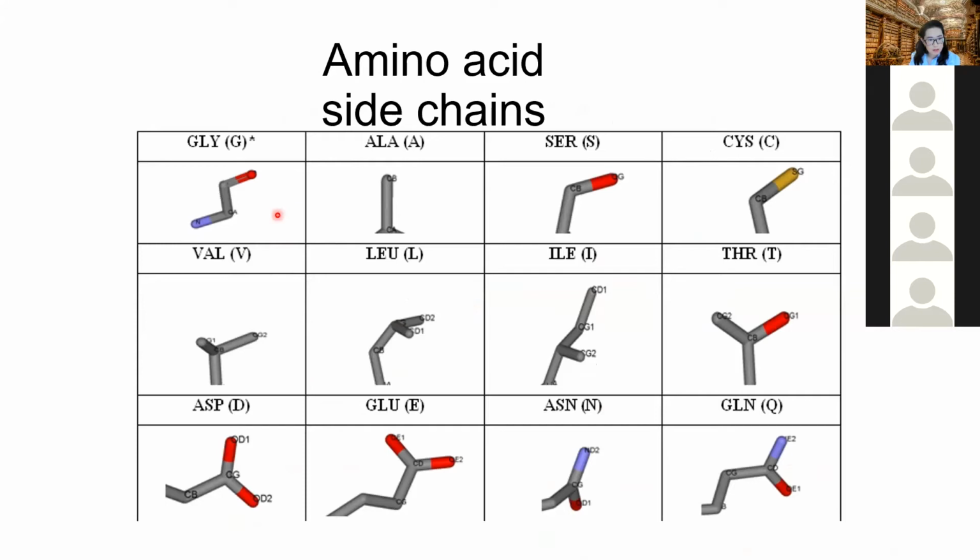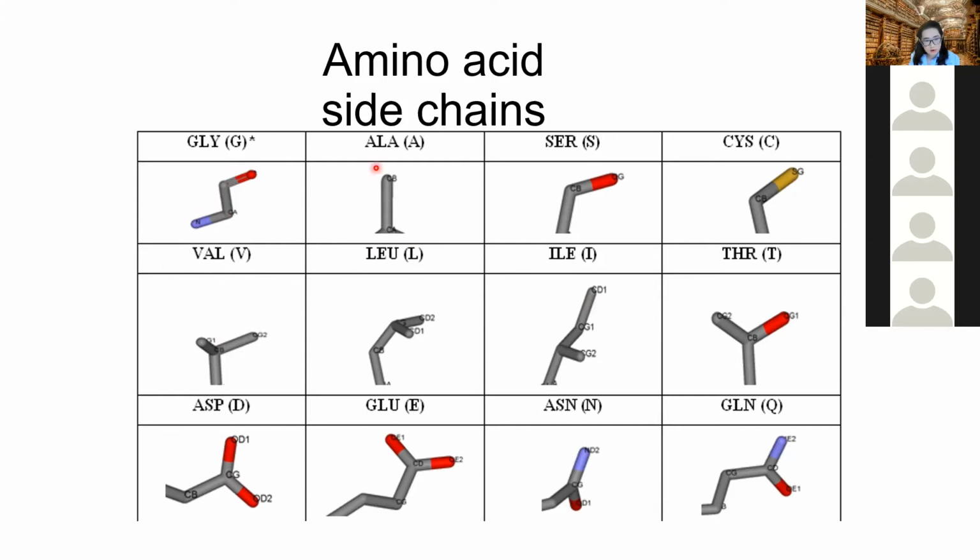The smallest one is glycine. So glycine, you only need to understand that it has the smallest structure, and it allows for flexibility of the main chain when it resides. So normally glycine allows for flexibility, and then alanine, valine, leucine, and isoleucine. These ones don't have colors, so they are hydrophobic, small or medium size.